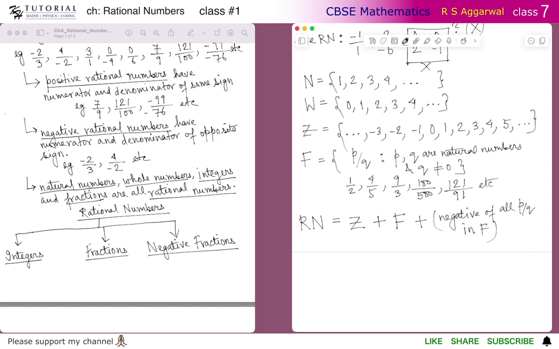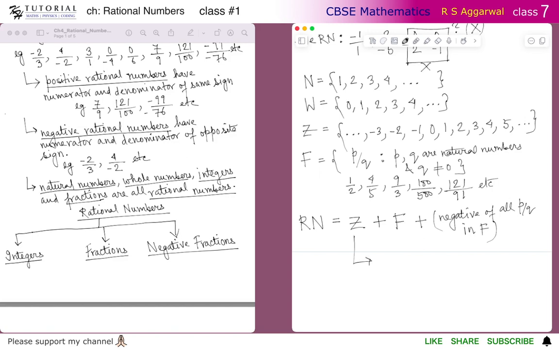So the fractions, the negatives of those fractions, and the integers are the rational numbers. In the notes on the left hand side, you can see I have categorized the rational numbers as integers, fractions, negative fractions.